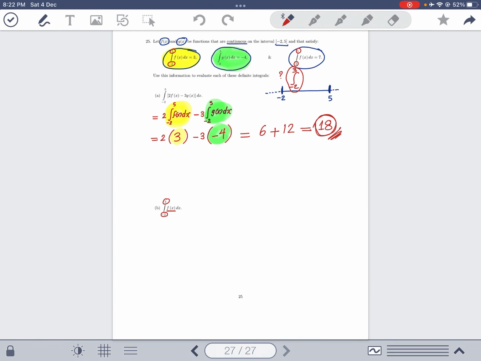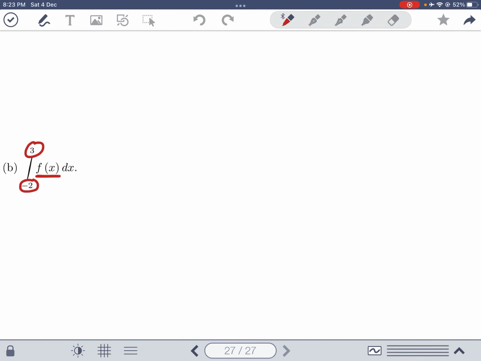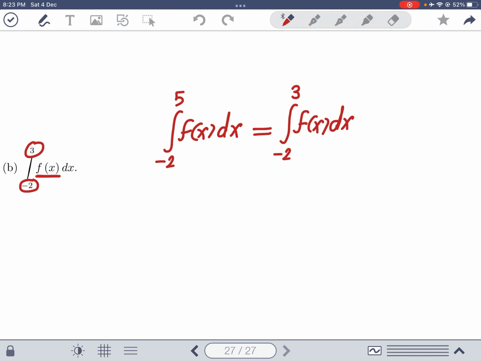So notice one thing. If you want to go from -2 to 5 of f of x dx, this is the same as, this is a property of the integral, going first to 3 or stopping by 3 on your way, and then taking off again from 3 and continuing to go to 5, f of x dx.